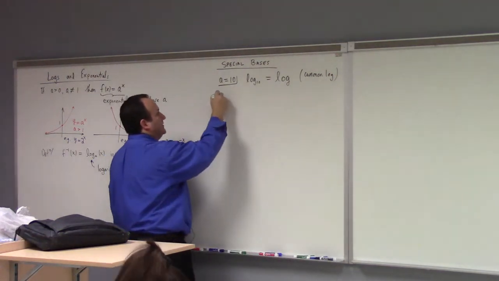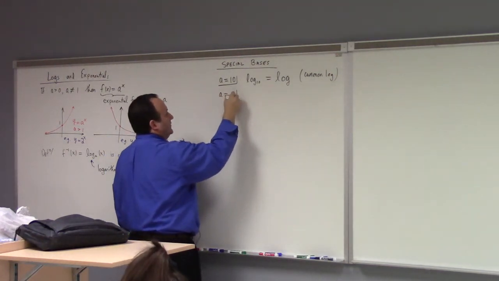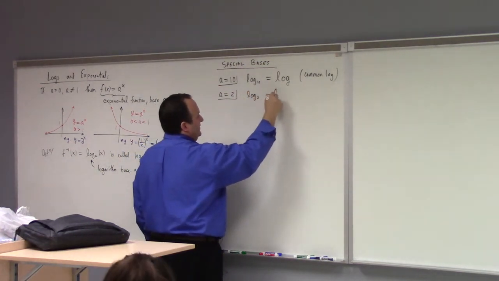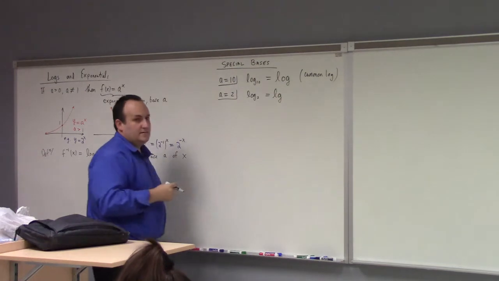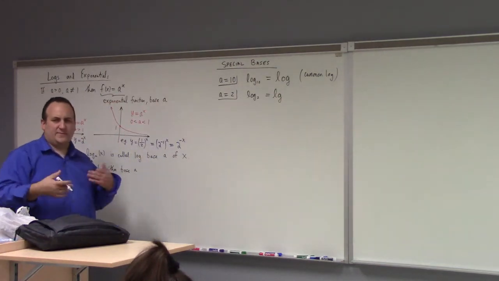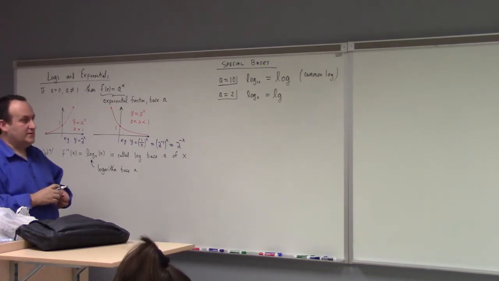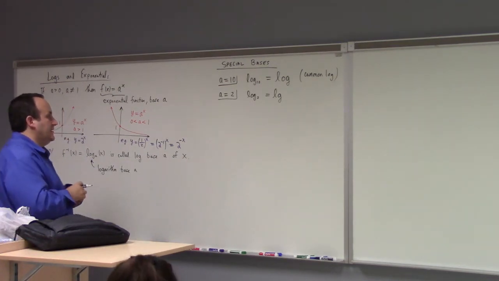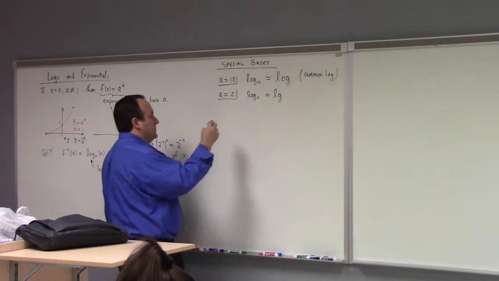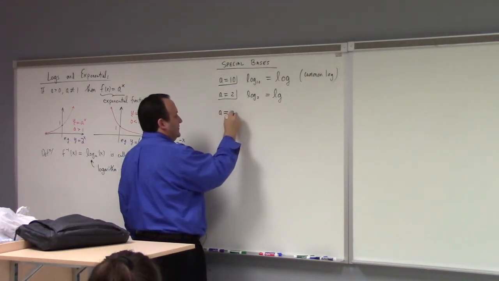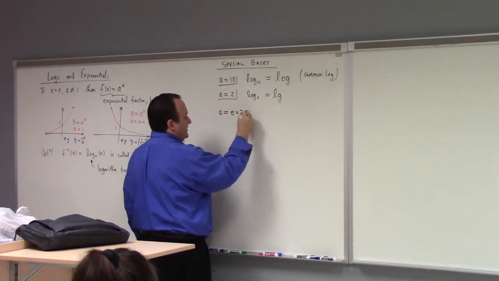There's also a equals 2 sometimes talked about, log base 2. I've seen notation LG for that. I don't have a name for this, but this comes up in computer science, base 2 arithmetic, like log base 2, so LG. But what's far more often the case is a equals e, which is about 2.71 dot dot dot.